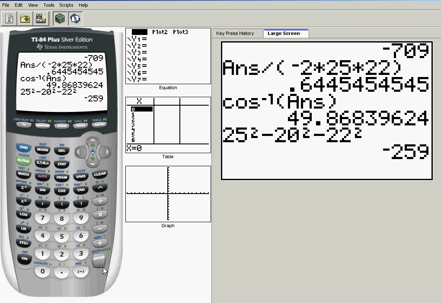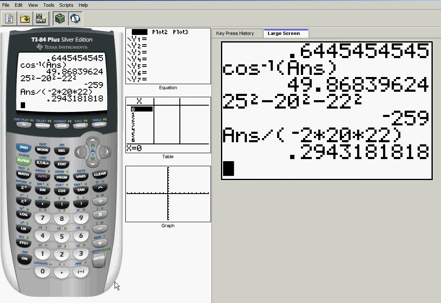And that's my numerator. Again, I want to take that and divide by negative 2 times 20 times 22. And I had to put it in parentheses to make sure I find the product and then divide the numerator and the denominator. So that's what cosine of B is equal to.